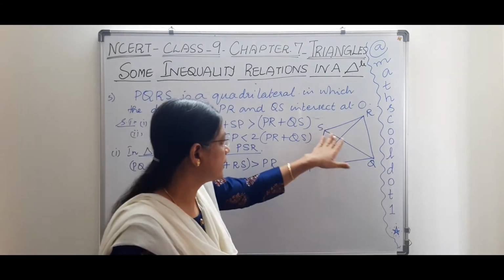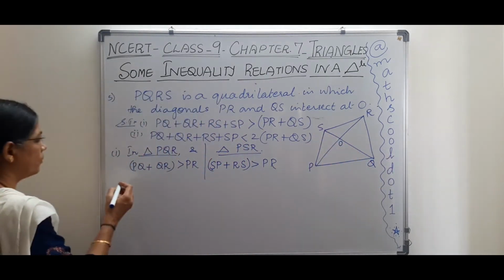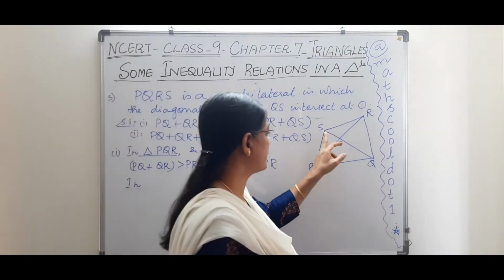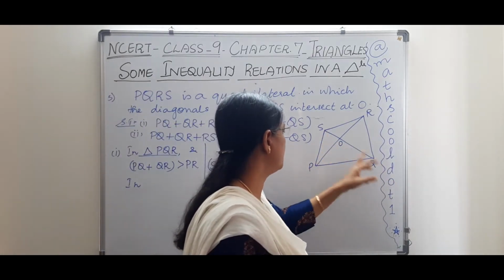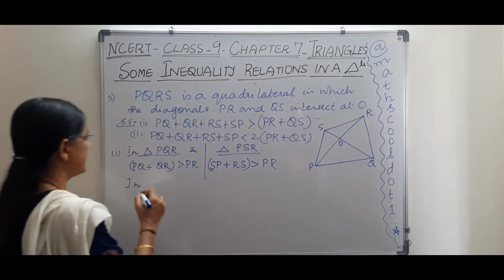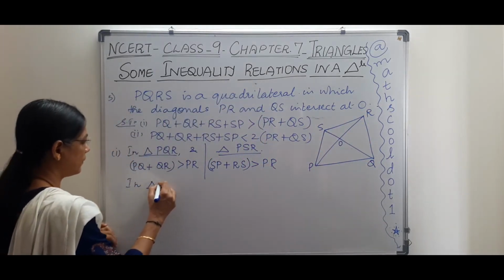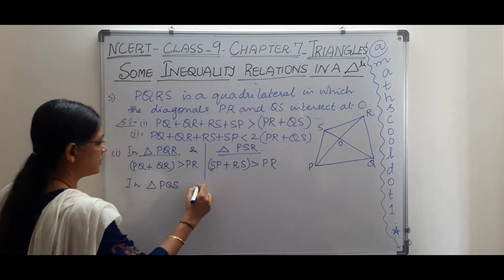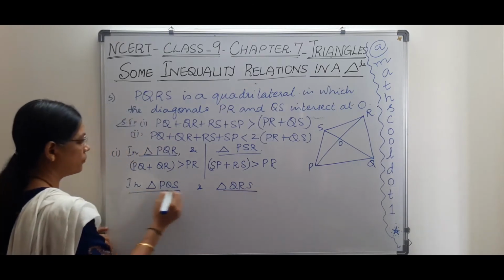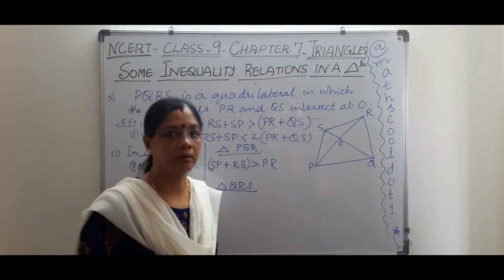Now we'll move on to the diagonal QS. So what happens in the triangle? The triangles associated with QS are triangle PQS and triangle QRS, right? So now for these two, I am writing relations.